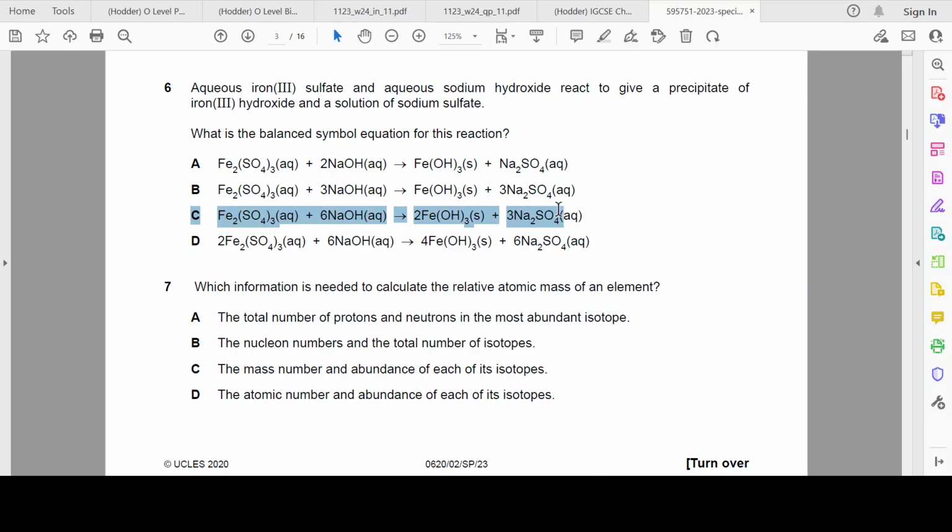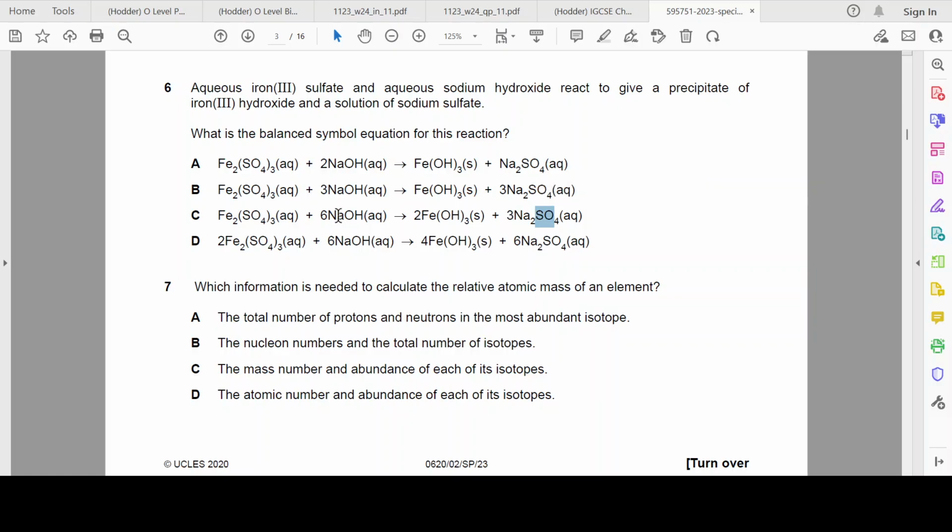All you need to do is count the number of atoms or entire groups on each side. You've got 6 sodium here, and 3 times 2, 6 sodium here. You've got 3 sulfates here, and 3 times the sulfate over here.